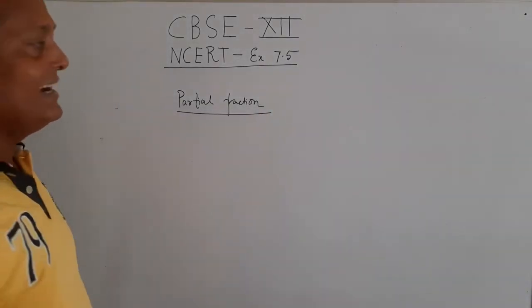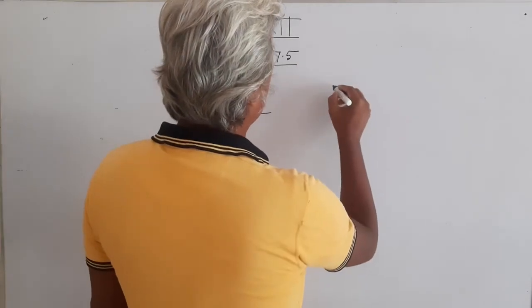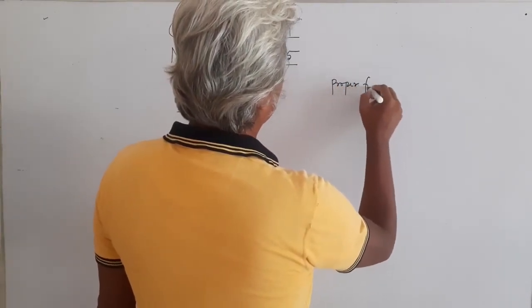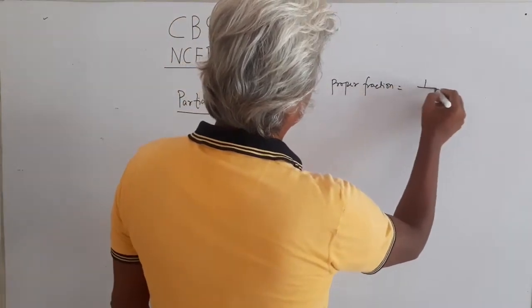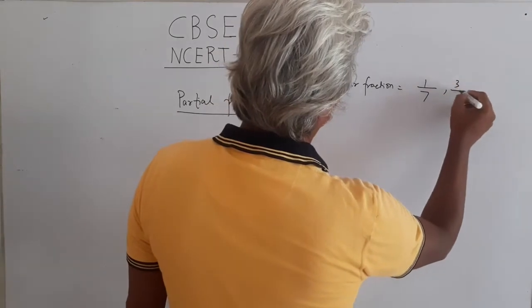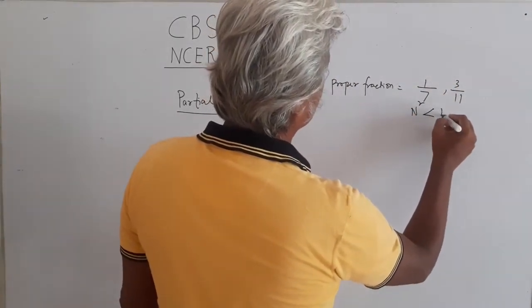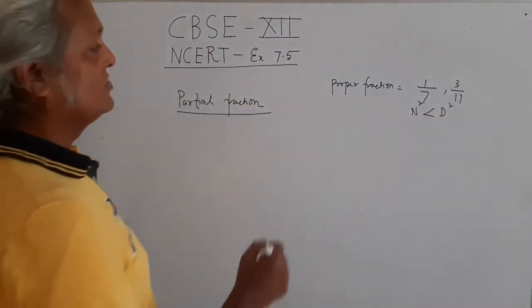You might have studied in arithmetic that there are two types of fractions, proper fractions and improper fractions. Proper fractions are fractions like 1 over 7, 3 over 11, where the numerator is less than the denominator. So these are called proper fractions.